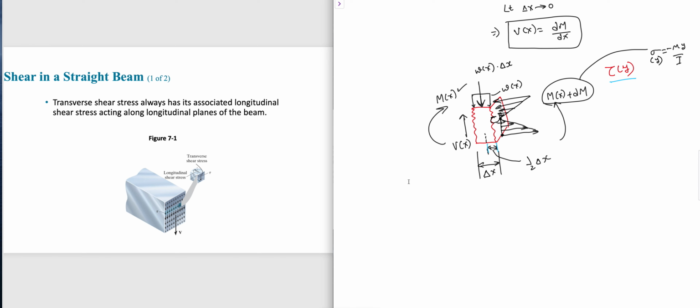So what I'm trying to say is when you take this cut, when you take that strip, let me redraw the strip. Because I made a cut, and then there is a cut, let me make a cut here.